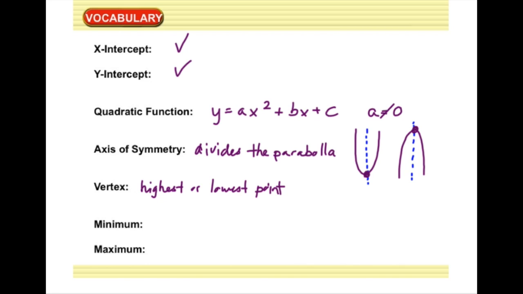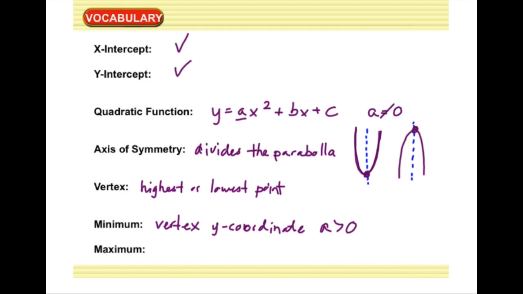So how do I know which direction it's facing? The parabola will have a minimum point if the vertex's y coordinate will be a minimum when a is greater than 0. So in my equation, if a is positive, I'm going to have a minimum point and my parabola is going to look like this.